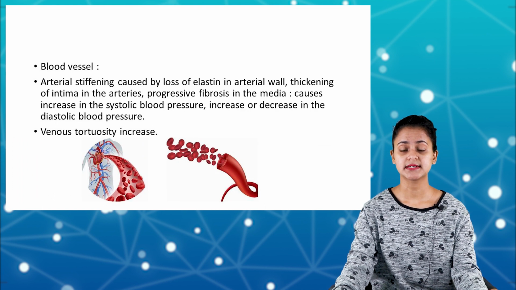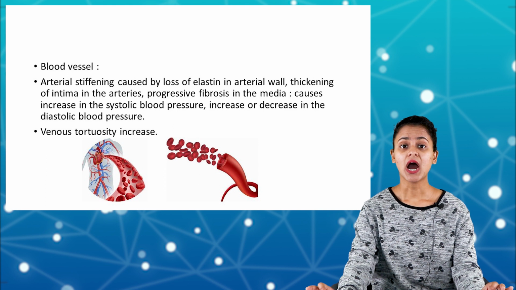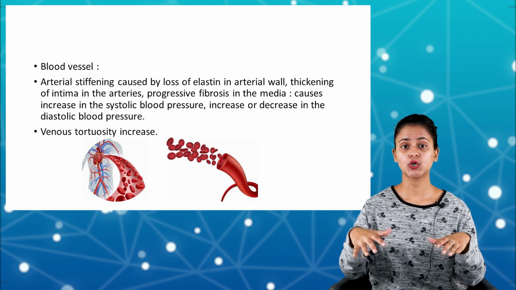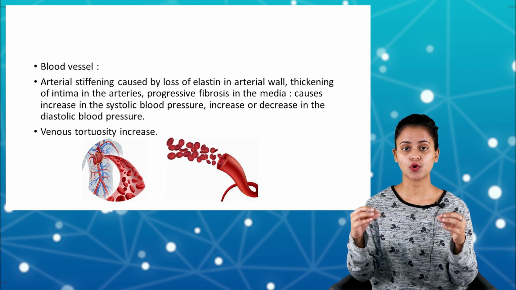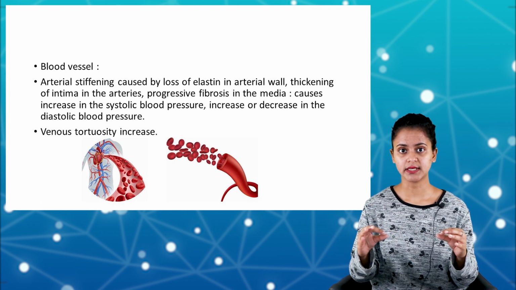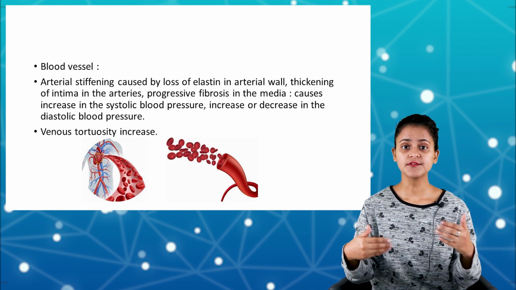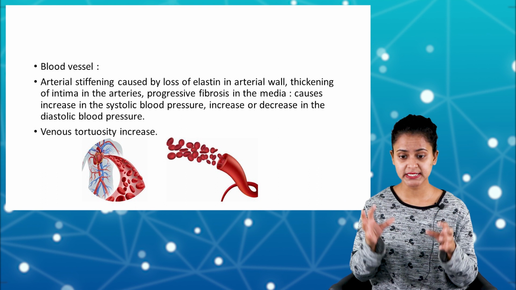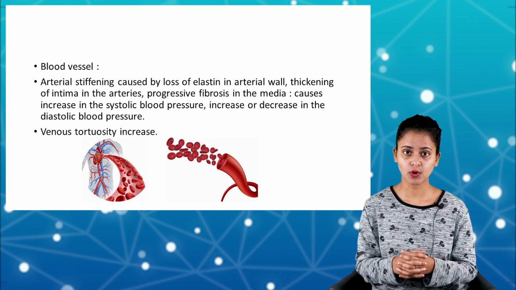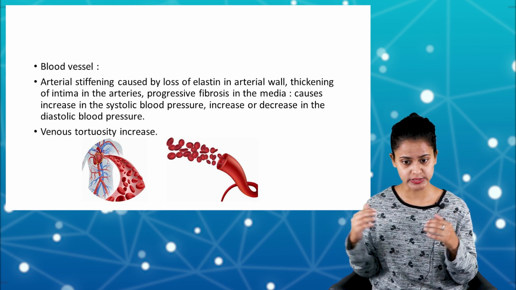Now we are going to see certain changes in the blood vessels. Often we are going to see arterial stiffening caused because of the loss of elastin from the arterial wall. Even there will be thickening of the intima in the blood vessels. Progressive fibrosis will be seen in the media, which will ultimately cause an increase in the systolic blood pressure among the older individual.